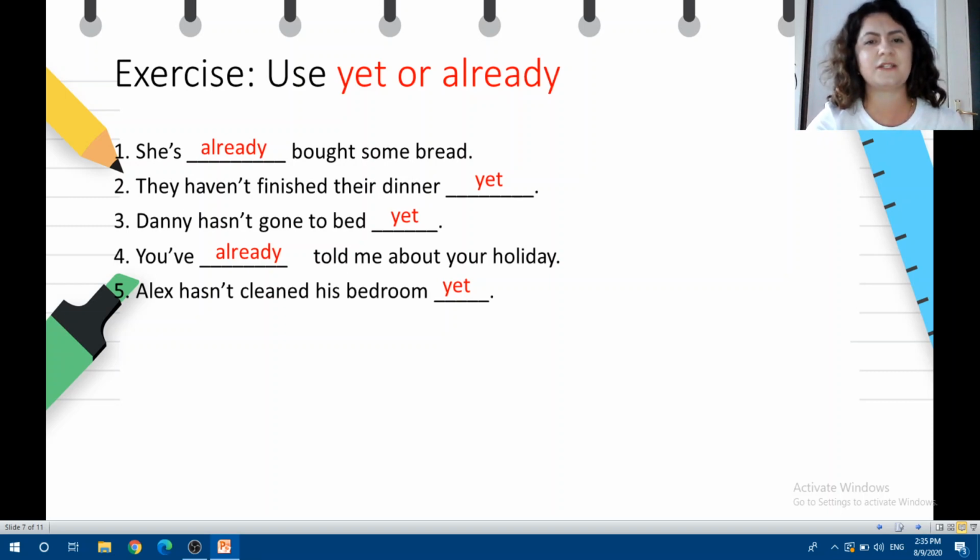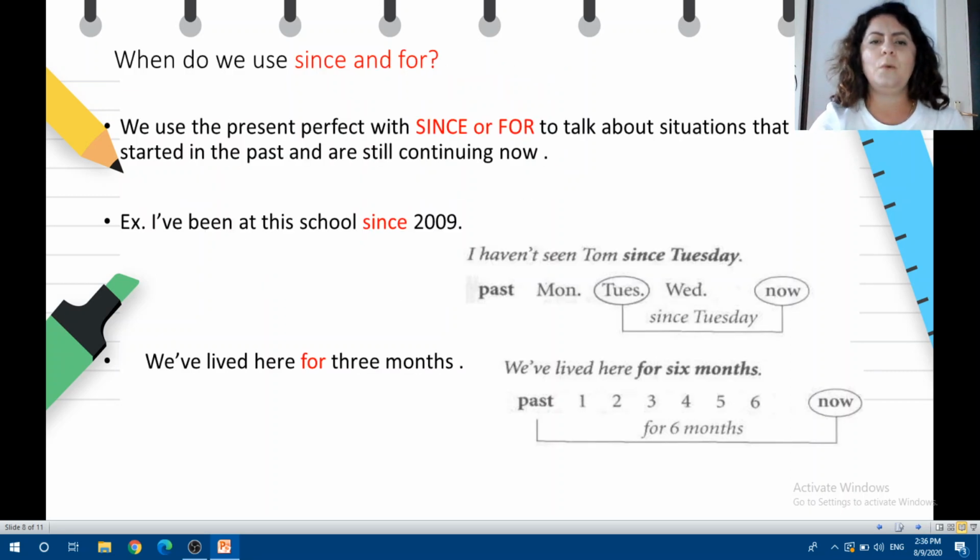Well done, students. I'm sure that you all completed this activity successfully. What about since and for? Do you know when do we use the present perfect with since or for?